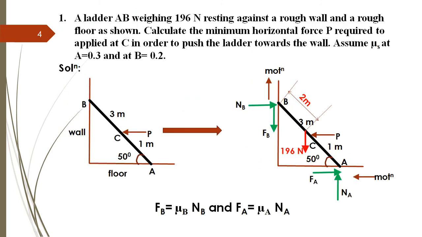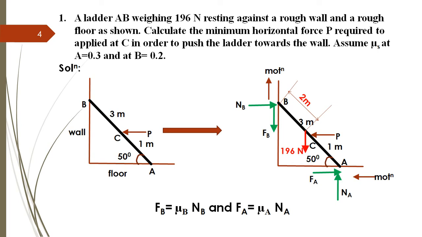Now we are going to solve one simple numerical. I will read out the numerical for you. A ladder AB weighing 196 Newton resting against a rough wall and a rough floor as shown in the figure. Calculate the minimum horizontal force P required to be applied at point C in order to push the ladder towards the wall.